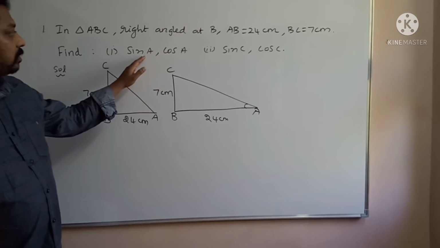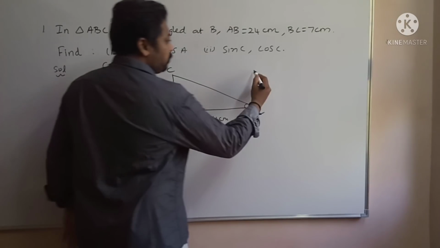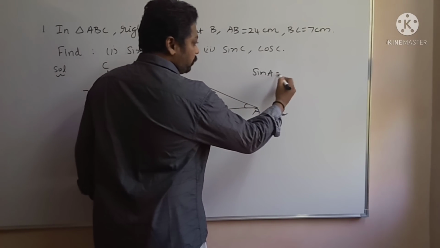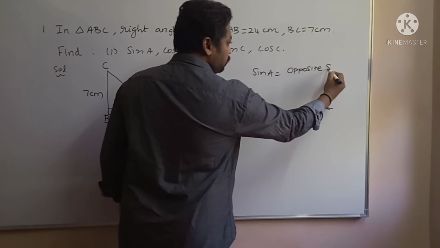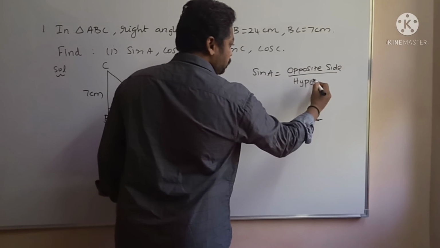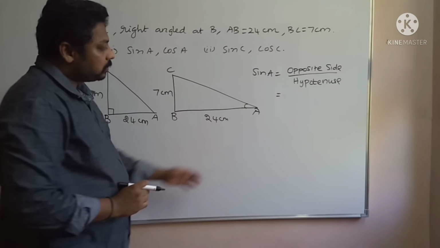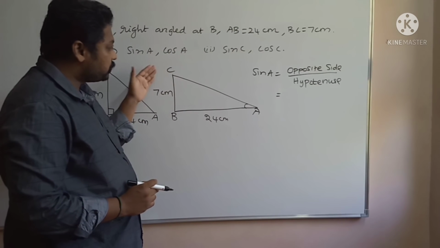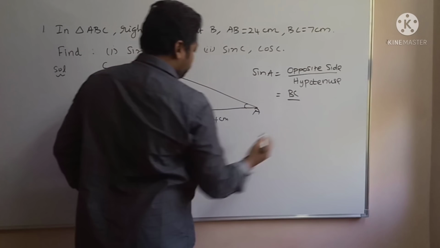We know the formula for sin A in a right angle triangle. What is the formula for sin A? Opposite side by hypotenuse. What is opposite side here? This is angle A, so opposite to angle A, it is BC, divided by hypotenuse.